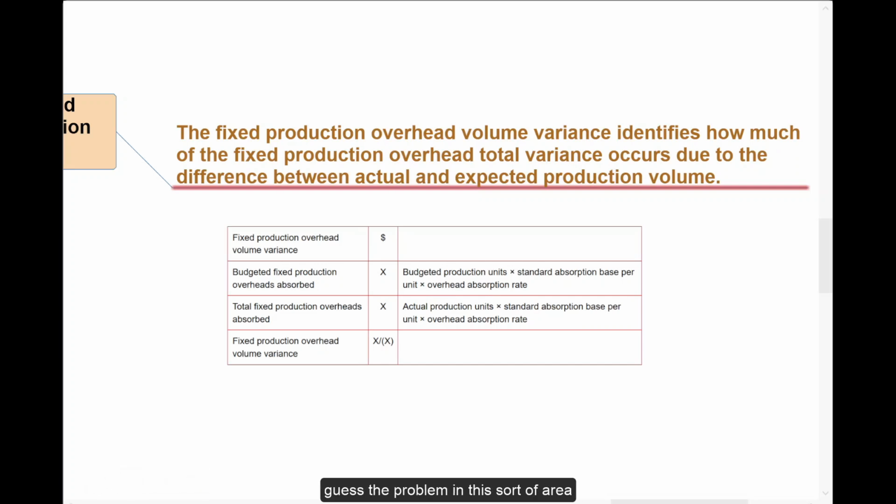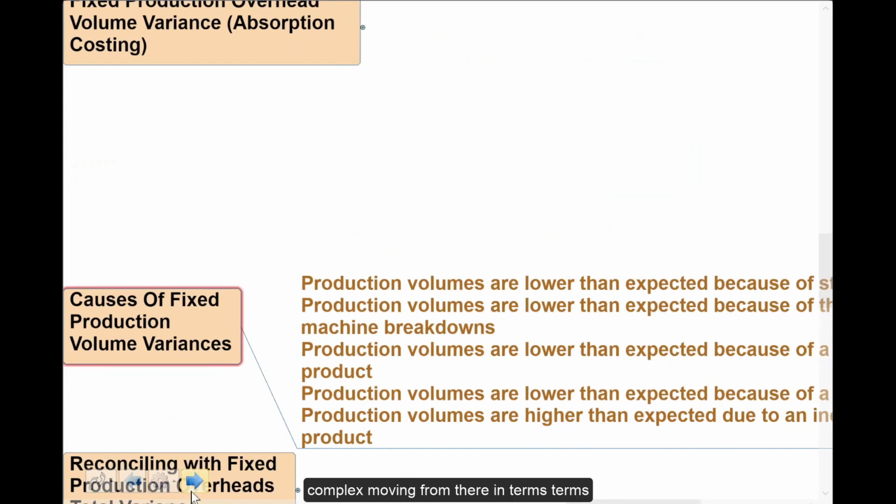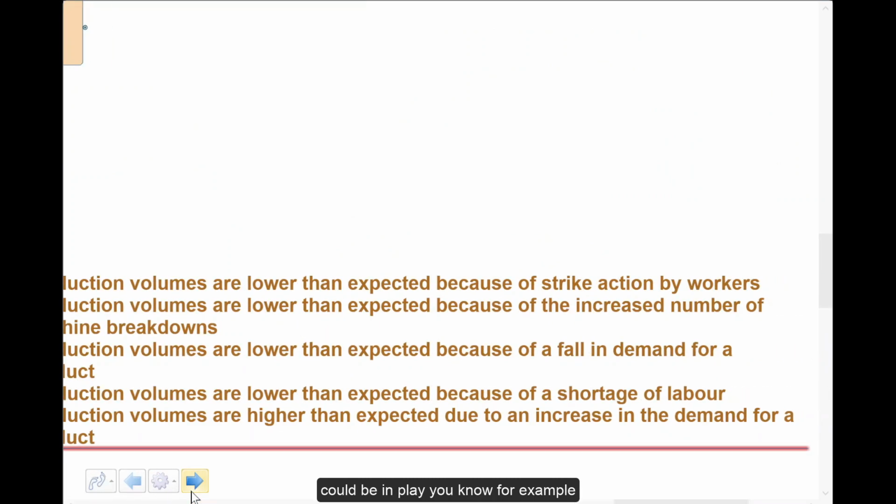I guess the problem in this sort of area, and what makes this part 4 a little bit more complex, is the formulas are several part rather than just 2, and the theory surrounding fixed production overhead is a little bit more complex. Moving from there, in terms of the causes of fixed production volume variances, a number of things could be in play.